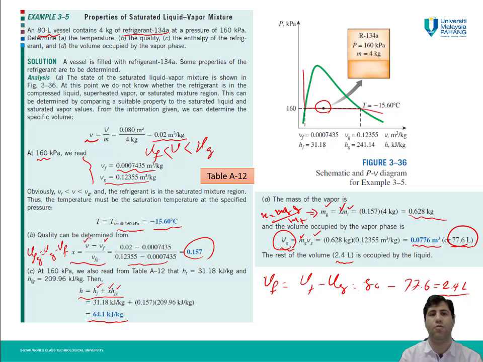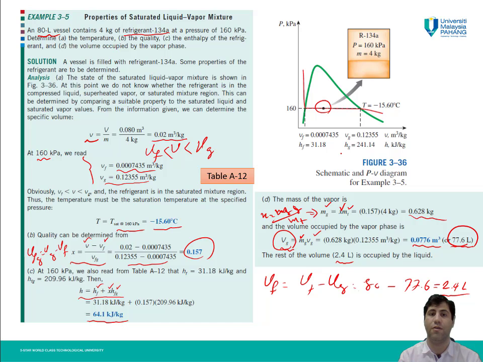Simply, you can see we can use the thermodynamic table to find the volume and also other properties. And you can see here how x, or quality, is a useful parameter to calculate different properties for this material, and the combination of the quality with the table is a very useful method to find the properties of different materials in different states.